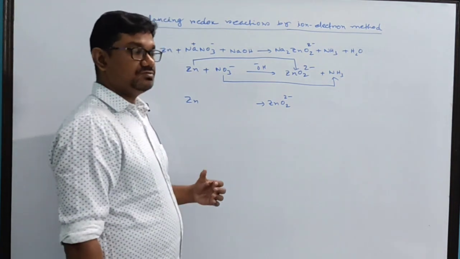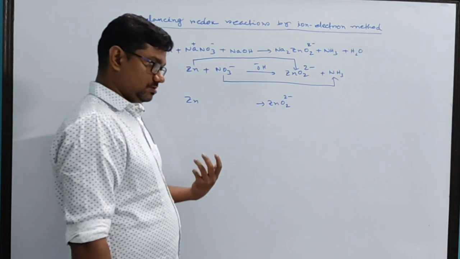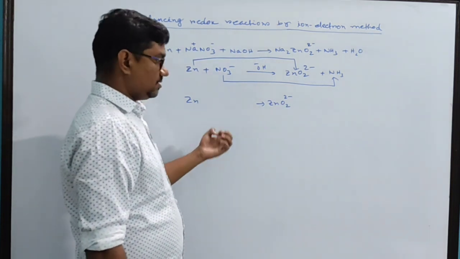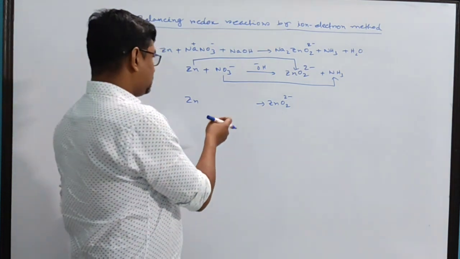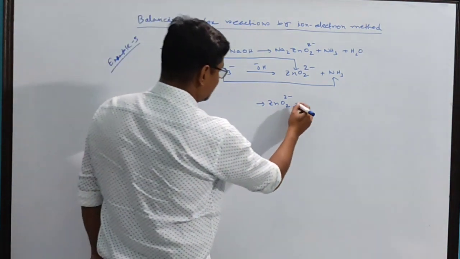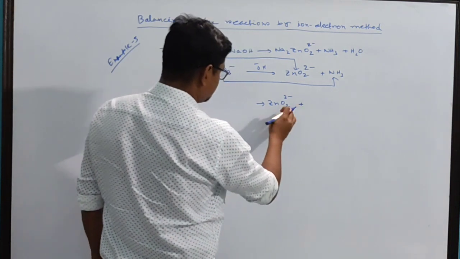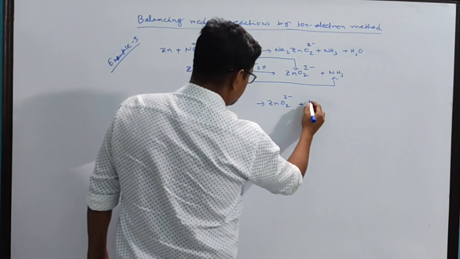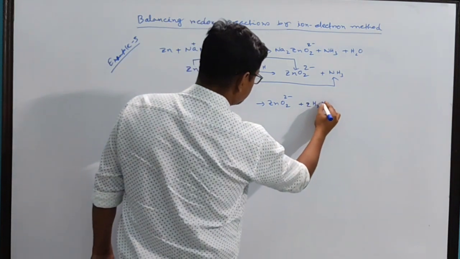In the acidic medium, the rule was a little bit different, because in that case we were adding the water molecules in the opposite side, but in alkaline medium we will add the water molecules at the same side at which the oxygen atoms are extra. So we will add 2 water molecules here.